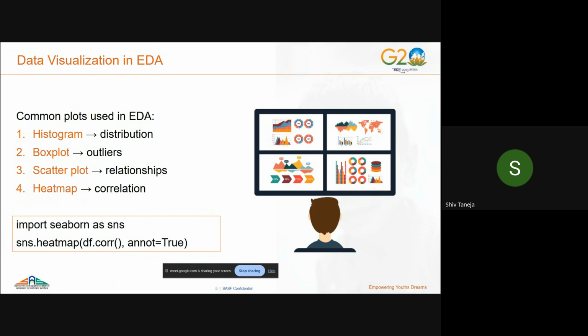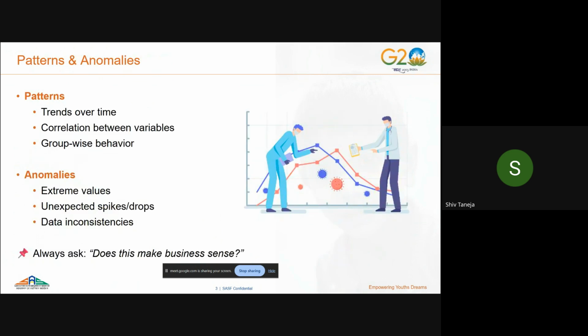And there's your small homework for this lecture, other than the assignment, of course. Patterns and anomalies: you have to find the patterns in the data, like trends. If you have time series or sales data, you will have to calculate the trends over time, what kind of trends there were and what kind of trends we are seeing in the future.